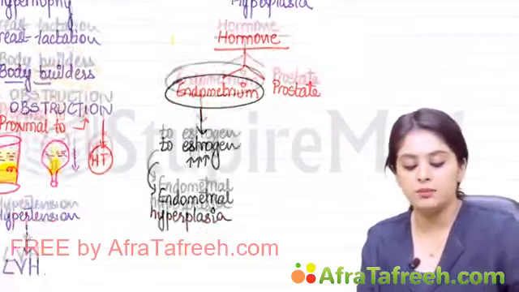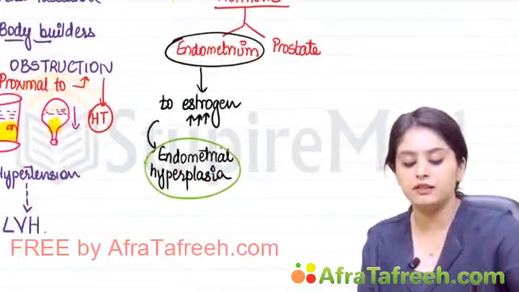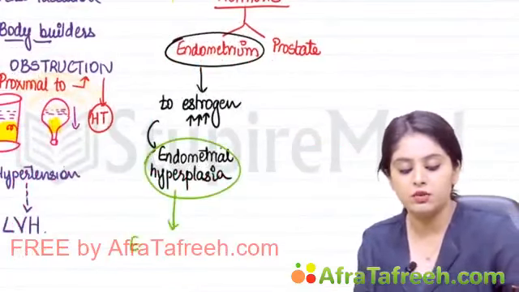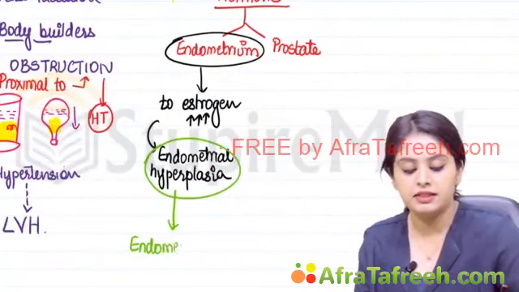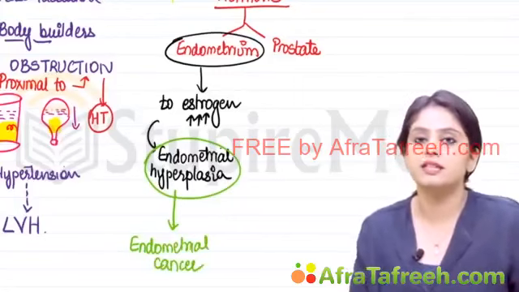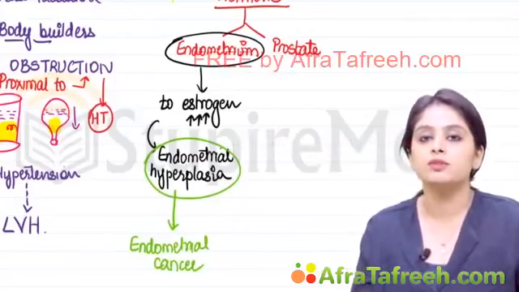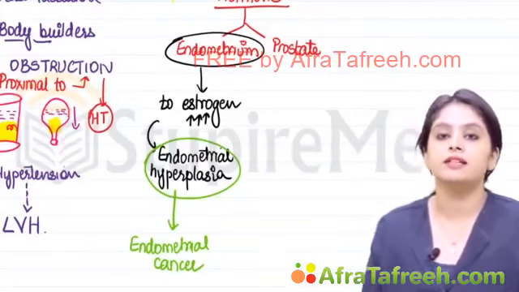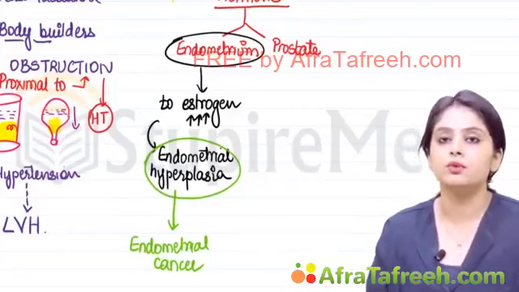Because endometrial hyperplasia, if not corrected, if not treated, can progress to endometrial cancer. That is why it is important. Any hyperestrogenic state in the female body, more of estrogen, more of hyperplasia, not treated will result in cancer. That is why it is important to know.